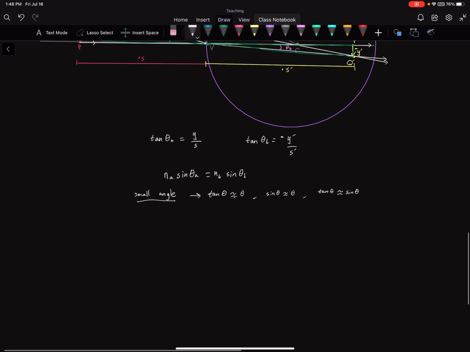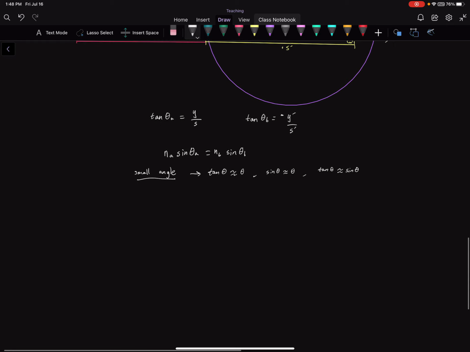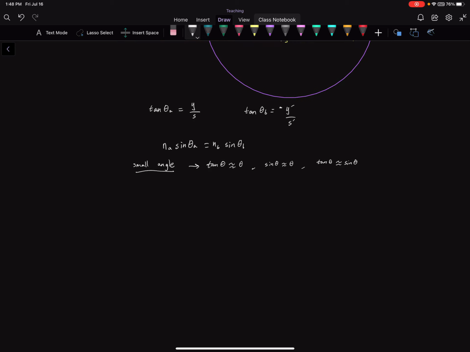So that means we can relate some of these sines to these tangents just as easily, right? And that might help us leap a step there. So we can write NB sine theta B over NA. So that's just solving for sine A there, is equal to y over s, because this sine of theta A is about equal to tangent theta A if we're using the small angle approximation.